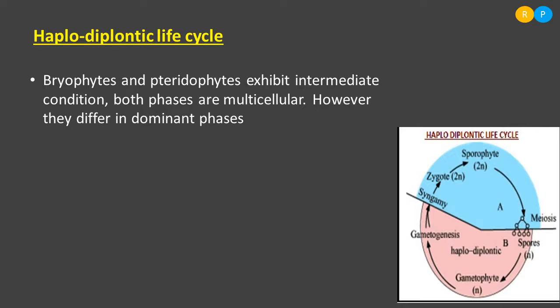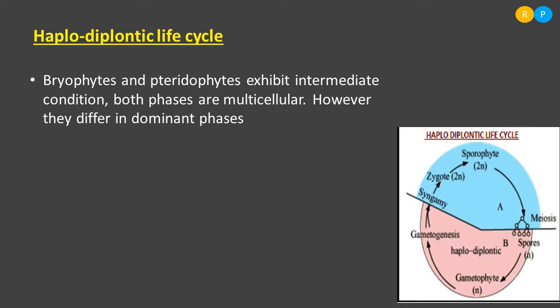But in the pteridophytes, the main plant is sporophytic plant, because it produces spores during reproduction. So they differ in the main plant, but both the phases are multicellular here. Gametophytic phase as well as sporophytic phase are multicellular in these two groups of plants. Because of this, they are showing haplodiplontic life cycle.